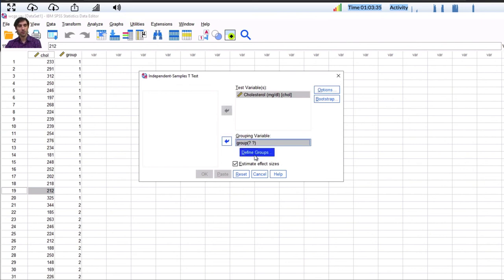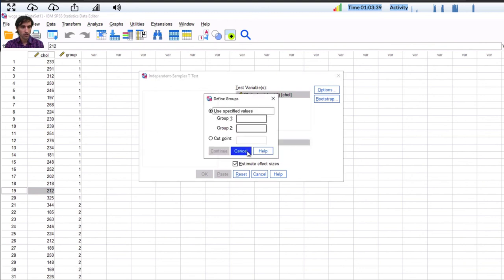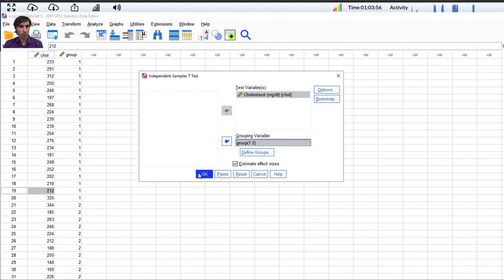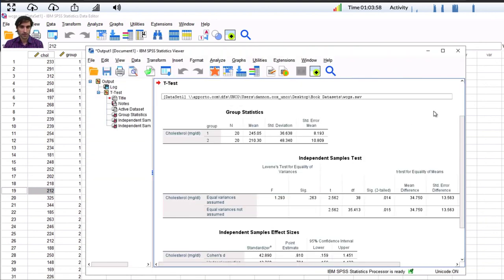And here you have to define your groups. So I see group 1 and group 2, so I'm going to stay with group 1 and group 2, because in your data set it might say, let's just say, male and female. It might say M and F. This is for you to signify what we are putting in here.